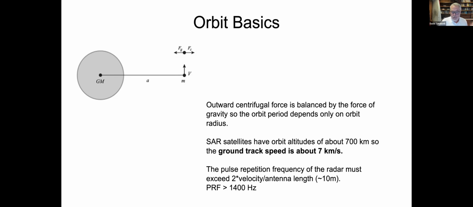So when Catherine talked about sampling rate, there was a velocity in there, and this velocity is pretty much fixed. So we can't change the sampling rate of these SAR satellites. They all have to be 1,000 or 2,000 times per second. Yeah, say 1,400 times per second.